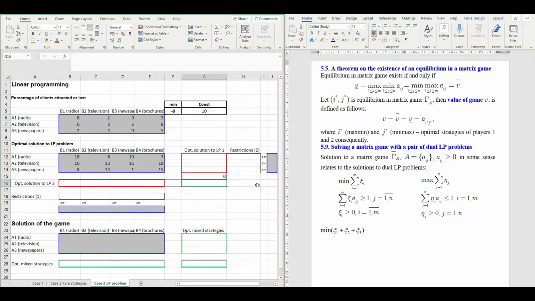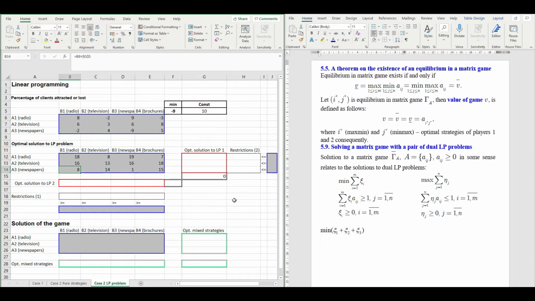So we consider the first column in our table, and our variables xi1, xi2 and xi3. They are in column G. The restriction as a result will be 18 times xi1 plus 16 times xi2 plus 8 times xi3, and this sum should be not less than unit.